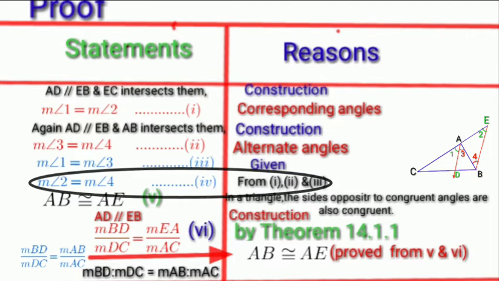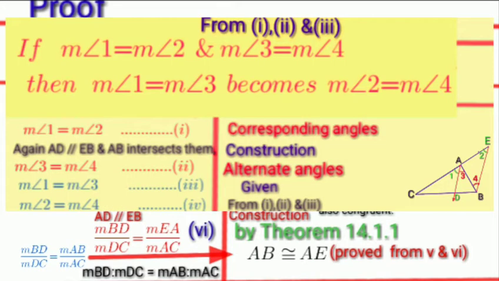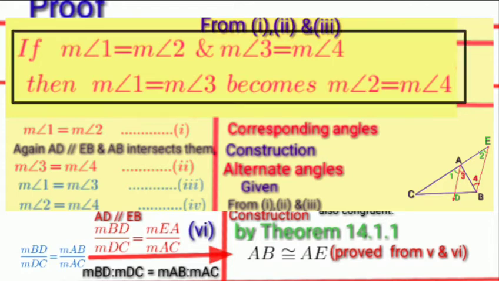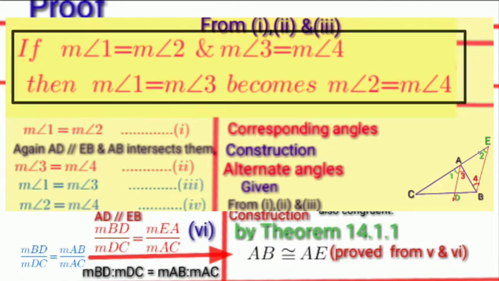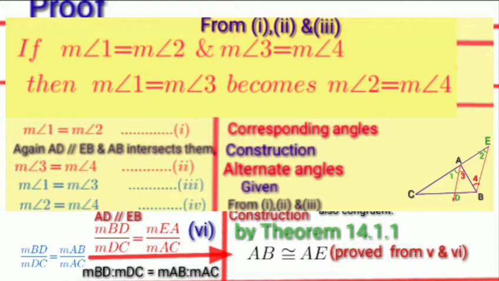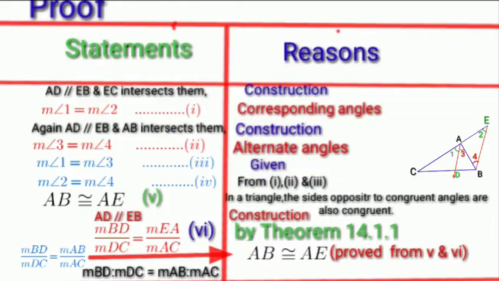Here we have to discuss equation 4, measure angle 2 is equal to measure angle 4. From equation 1, measure angle 1 is equal to measure angle 2, and equation 2, measure angle 3 is equal to measure angle 4, then given equation measure angle 1 is equal to measure angle 3 becomes measure angle 2 is equal to measure angle 4, which is equation number 4 of the proof.